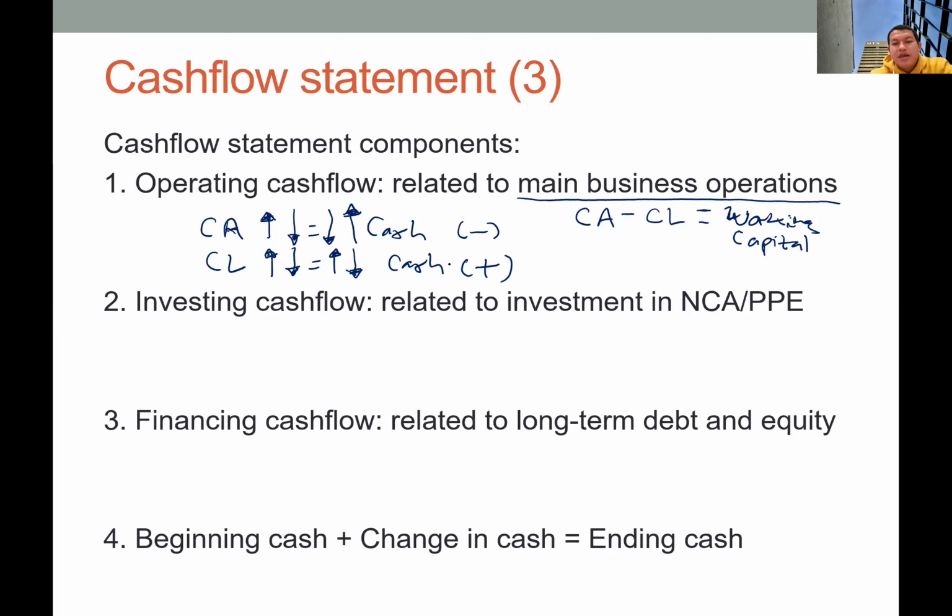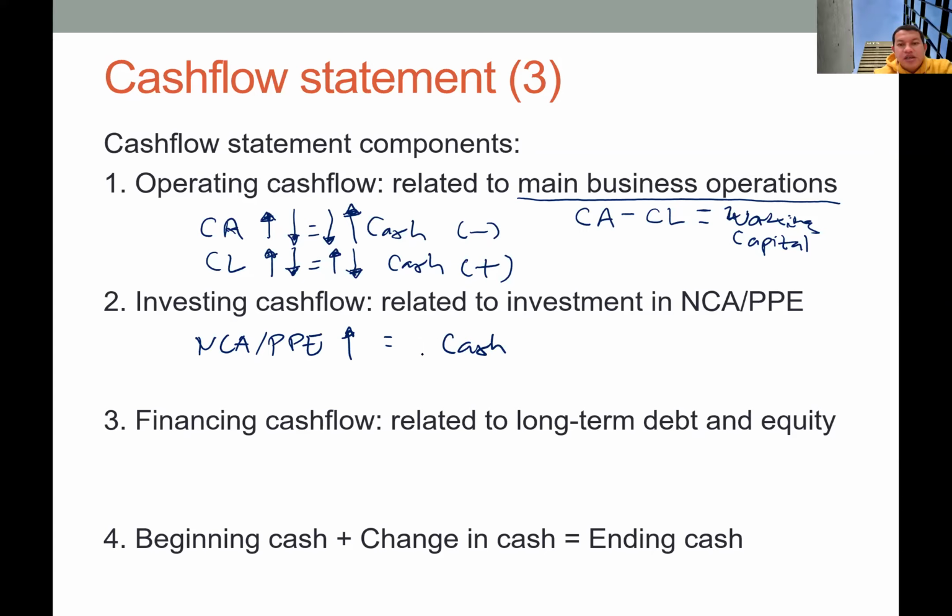Okay, next is investing cash flow. In the investing section, we will capture the company's activities in investing their cash in non-current assets and PPE, property, plant, and equipment. So we simply observe the changes in PPE or non-current assets. If the PPE is increasing, it means the company used the cash to purchase more PPE or non-current assets. What's PPE, sorry?